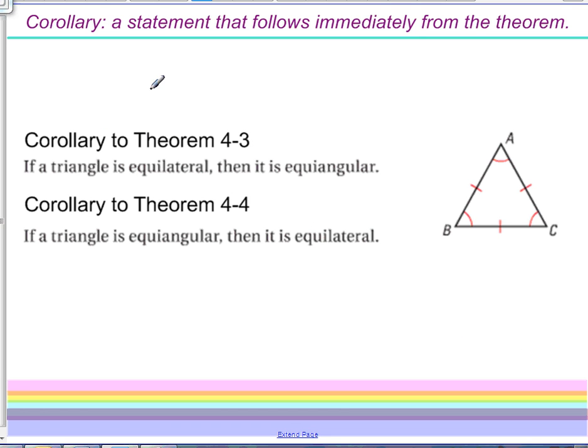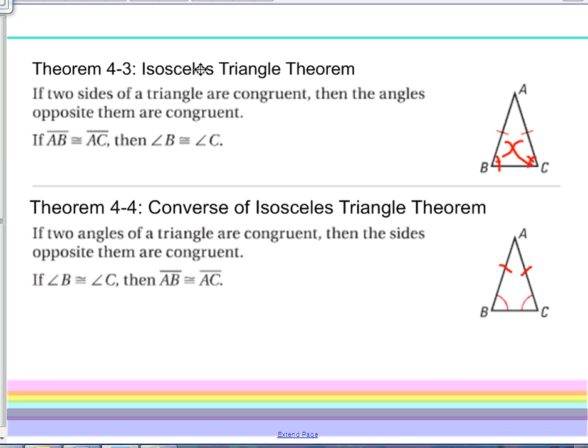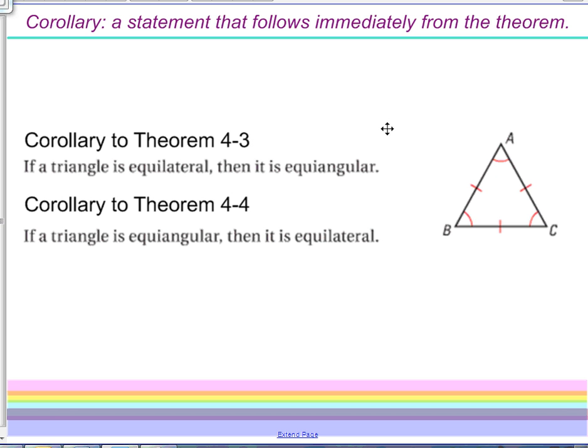There's something in geometry called a corollary. A corollary is a statement that follows immediately from a theorem. Oftentimes these are things that are in addition to the original theorem. For example, if we look at theorem 4.3 again, which talks about the angles of an isosceles triangle, we have a corollary to theorem 4.3, which states if a triangle is equilateral, then it is equiangular.